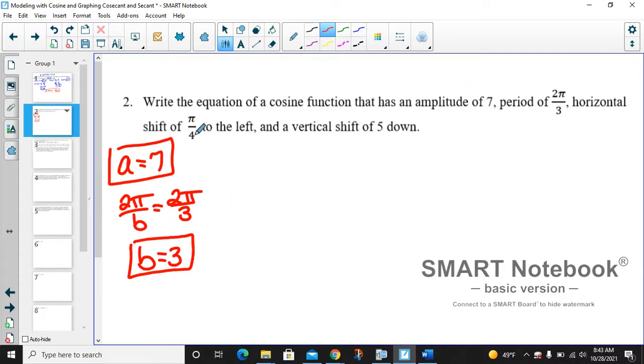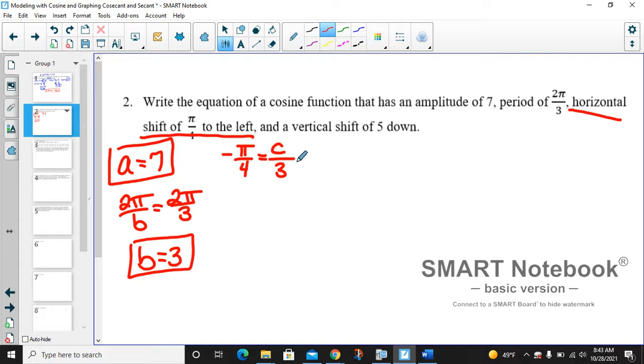All right, of course, we have a horizontal shift of pi over 4 to the left, so that's important, right? To the left means negative, so negative pi over 4. That, of course, is our start, which is c over b. Of course, our b here is just 3.